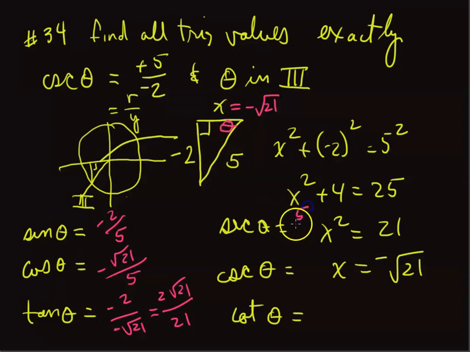R is 5 over negative square root of 21. Because I've run out of room, I'll let you rationalize that. Cosecant, given, 5 over negative 2. Cotangent, let's take this form of the tangent without the negatives because they cancel, and put the square root of 21 over 2 because it's the reciprocal of the tangent.